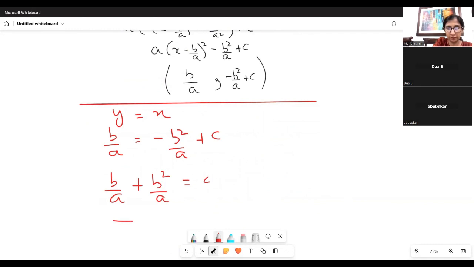In the second step, you may take a common in the denominator. You may take LCM, and this is the answer for this part. We had to find the expression for c in terms of a and b, and you were told that the vertex lies on the line y equals x. So we equated the x coordinate with the y coordinate, and we have our answer. There's another part to this question.